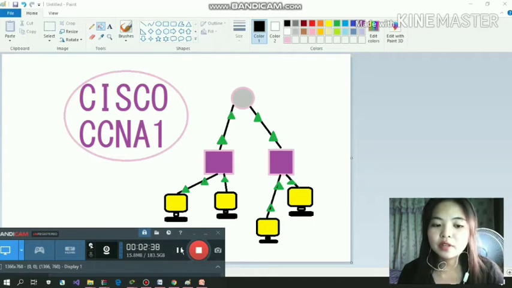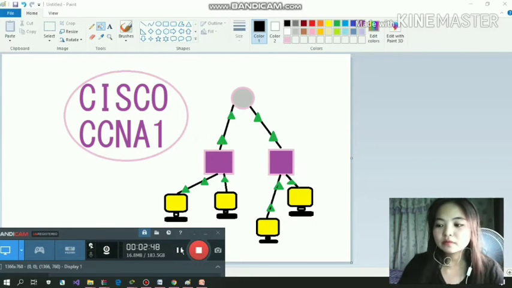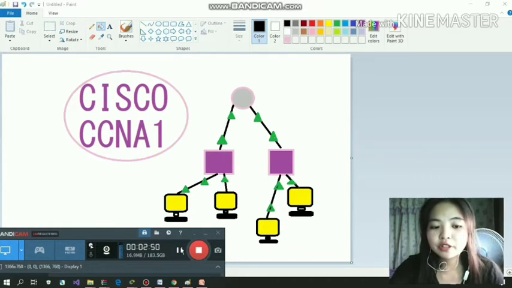We've also tackled the different connections, the different intermediary devices, the different network devices, the importance of the network, and also the internet.